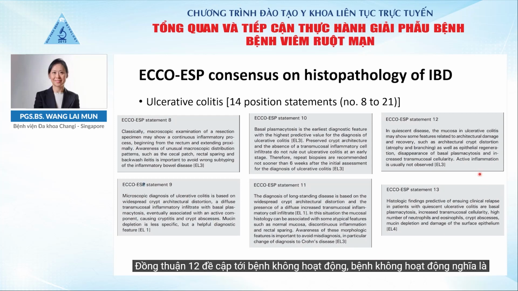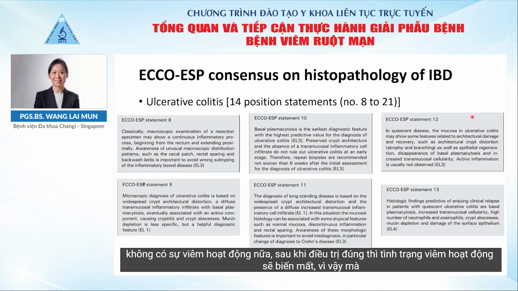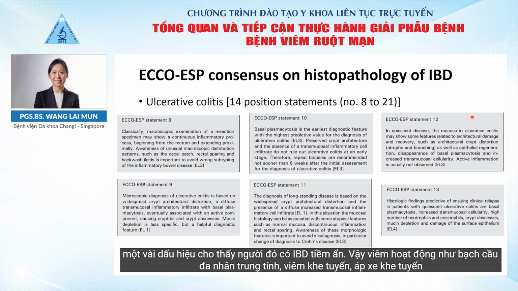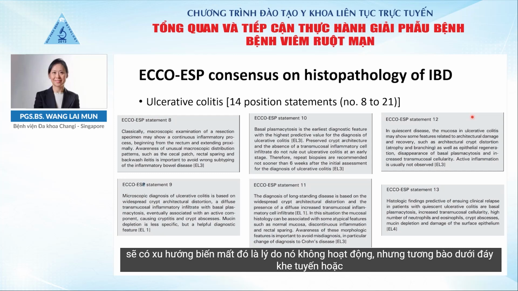Okay, so try to not be put under pressure to do so. Statement 12 deals with quiescent disease. Quiescent disease means that there's no more activity. That means after good treatment, the active inflammation is gone. So the word quiescent is used. But in quiescent disease, there may still be some clues that the person has underlying IBD. Active inflammation like the neutrophils and crypt abscesses will tend to go away. That's why it's inactive. But the basal plasmacytosis or the increase in chronic inflammation within the lamina propria and crypt architectural change can persist.